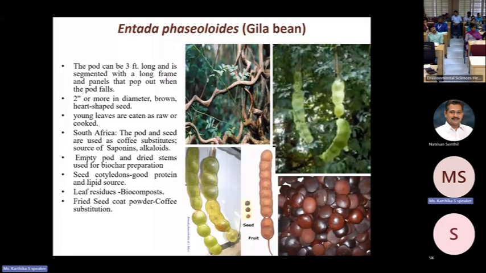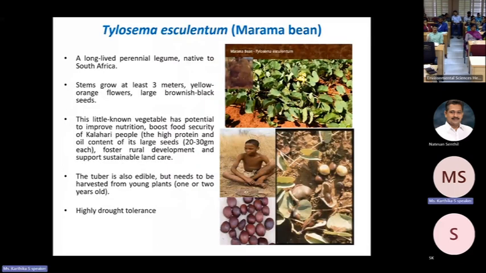And this African plant is drought tolerant, Stylolisma esculentum, Marama bean, from the Kalahari forest, Kalahari desert area. It has unique characters. It's growing in that place. The seeds you can consume, but the tuber is completely 80 to 90% water resources.